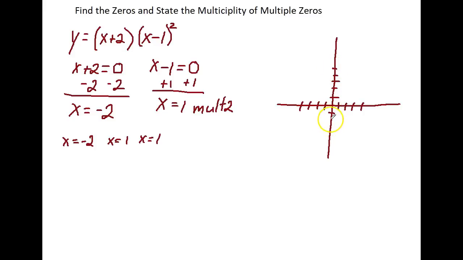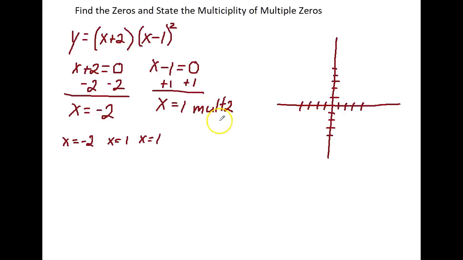Whenever you have an odd multiplicity, it means it crosses the x-axis at that location. Whenever you have an even multiplicity, it touches the x-axis and turns around and goes back.